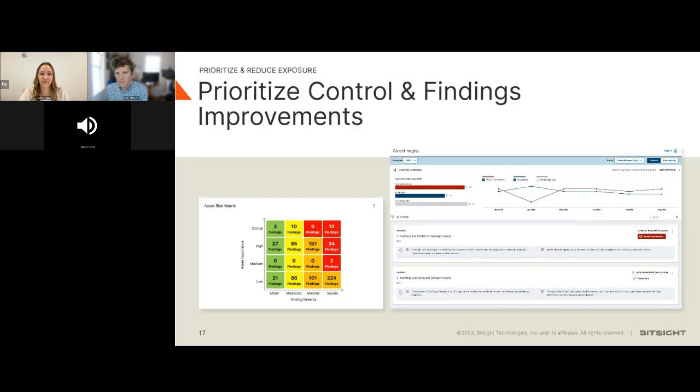When we think about some of the things you can do, if you think about the data that Brian described and how we pull data into our solutions, the data is the foundation where these prescriptive analytics are layered on top and really help you more easily glean these insights and take action on different things. So, for example, you're seeing on the left-hand side an asset risk matrix to help prioritize decisions.